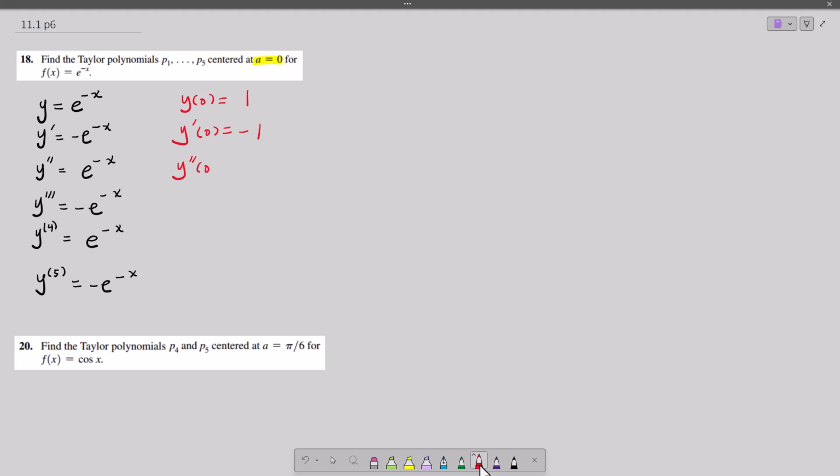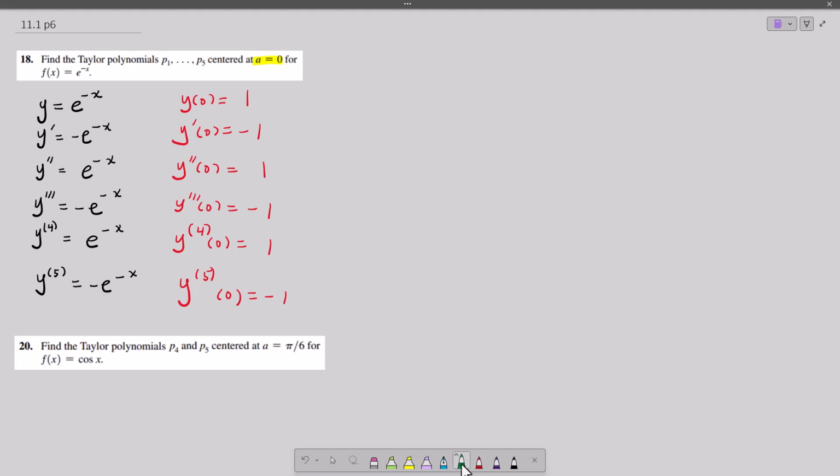Y double prime of 0 is going to be +1. Y triple prime of 0 is going to be -1. So we get this alternating pattern. And the 5th derivative at 0 will be -1. All right, so start with the function and its derivatives, evaluate each of those at the center. If you just keep things in columns, you should be okay.